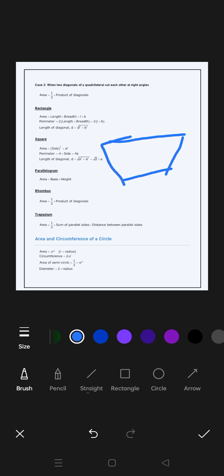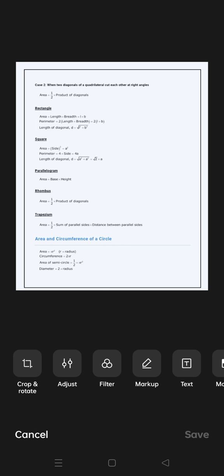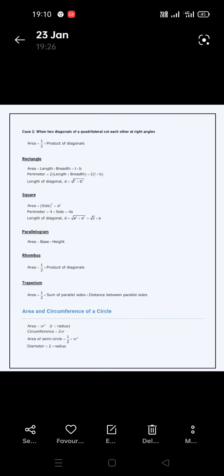I make it roughly, you know what a parallelogram is, right? Here there is only area, no perimeter, no length of diagonal, just area. The area of a parallelogram will be base multiplied by height.